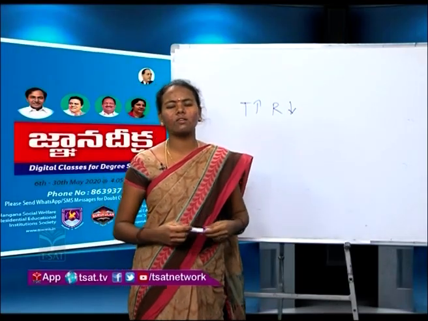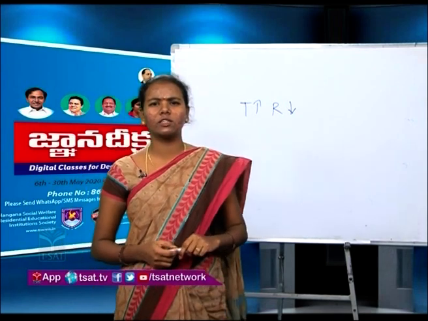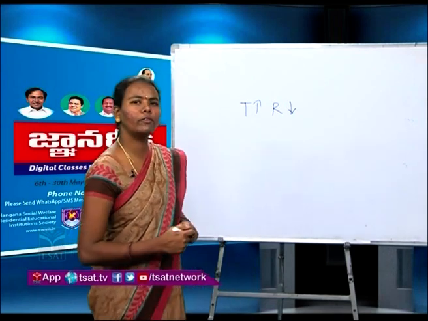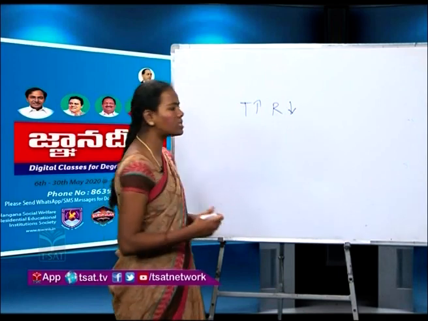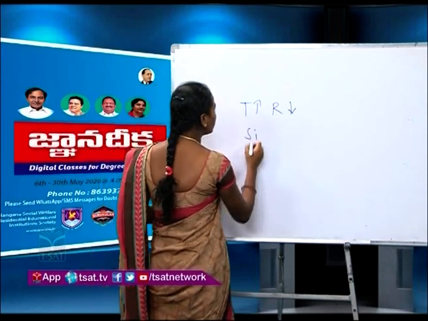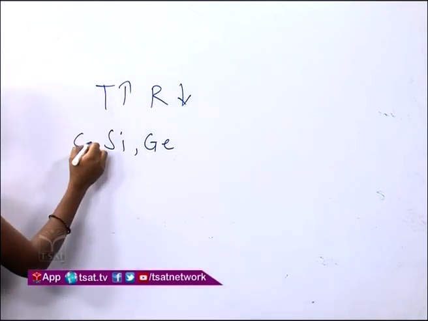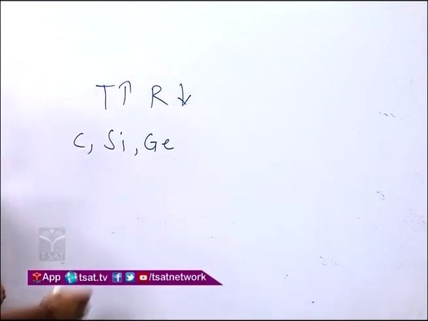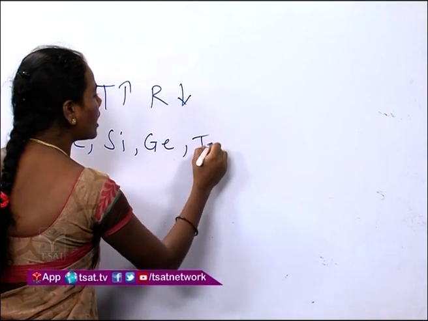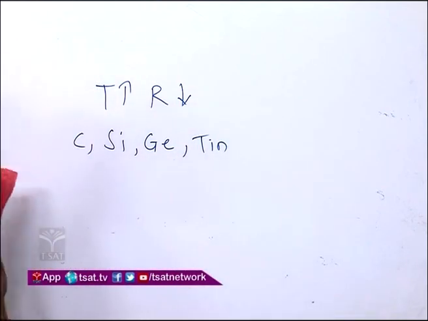We will see what the examples for semiconductors are. If you take the 14th group of elements, we have silicon and germanium. In the 14th group we also have carbon, silicon, germanium, and tin.